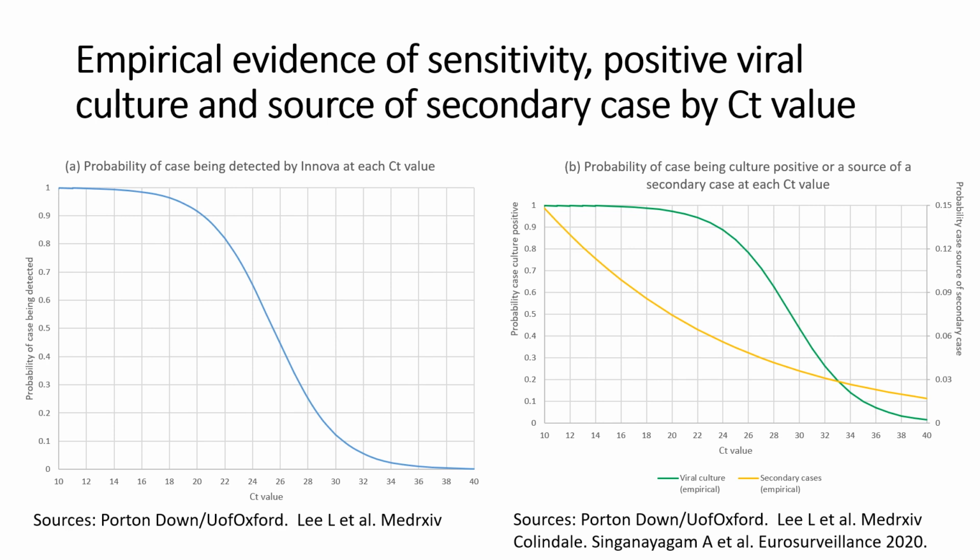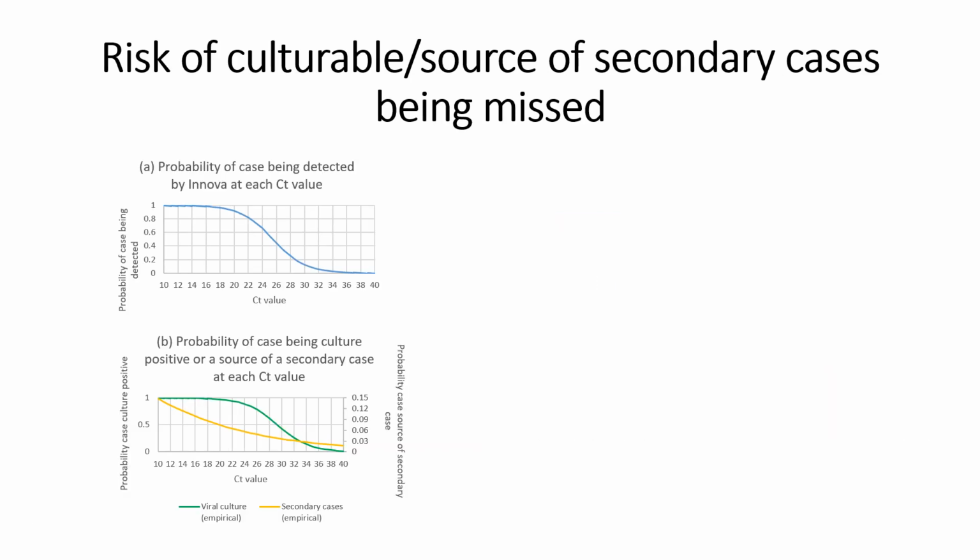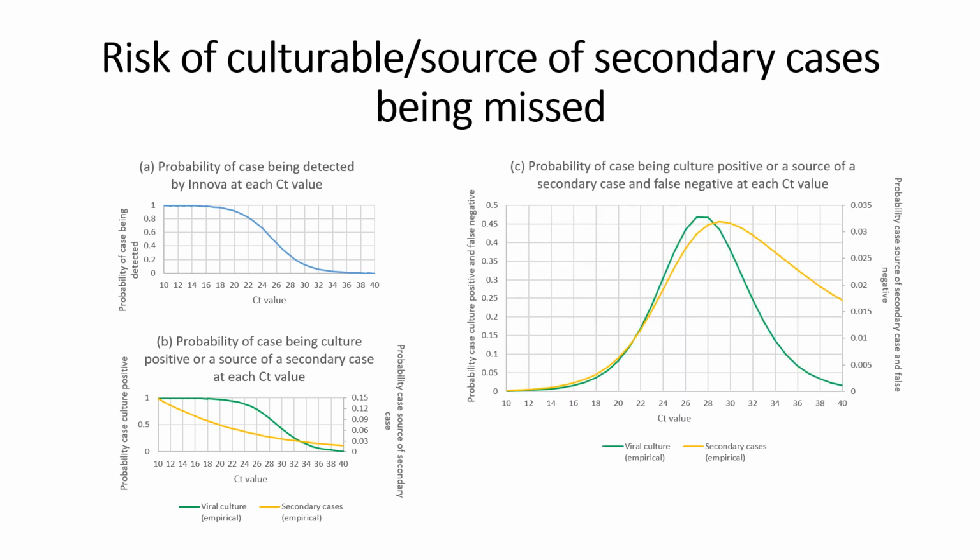So the question is, how do these two map together? If I wanted to find out the probability that a case is going to be missed at a given CT value, if they're culture positive or a source of a secondary case, we can get that by combining those two graphs, and we get these two lines.